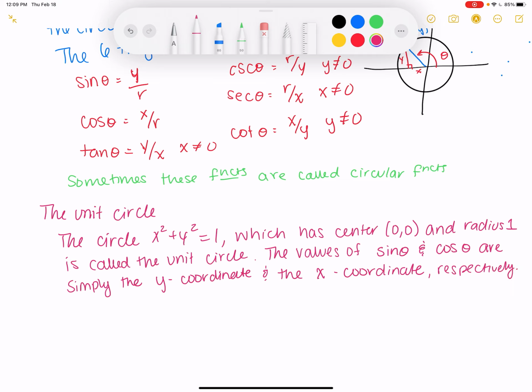So y goes with sine, x goes with cosine. Those are big things to remember.